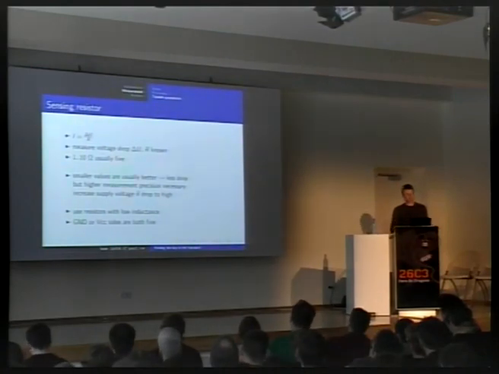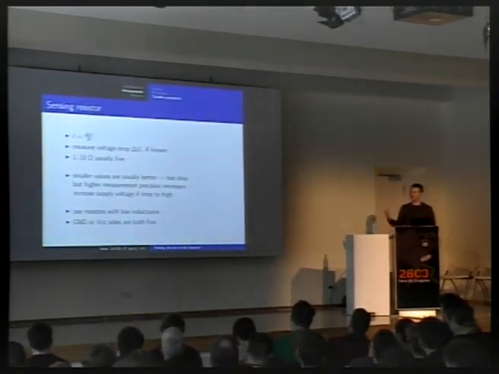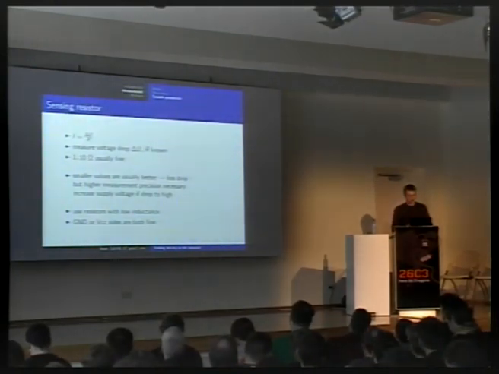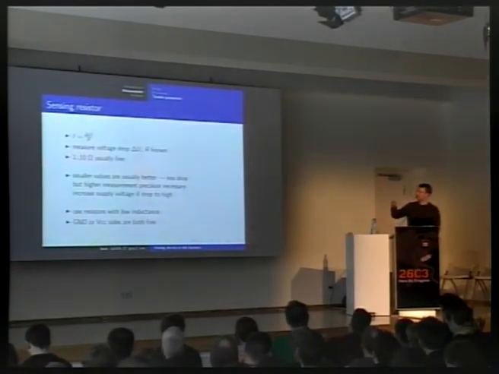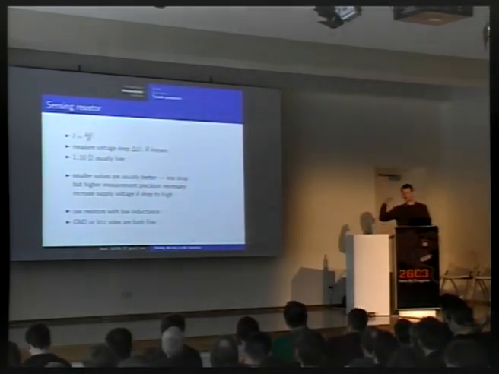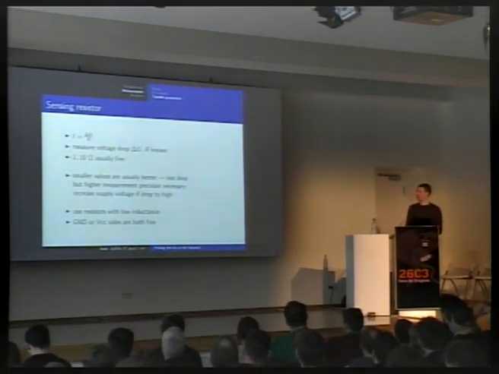Also, it is useful to use resistors with low inductance. So wire-wound resistors are a bad choice because of their inductance. And we can insert the resistor basically at the ground or at the voltage supply side.